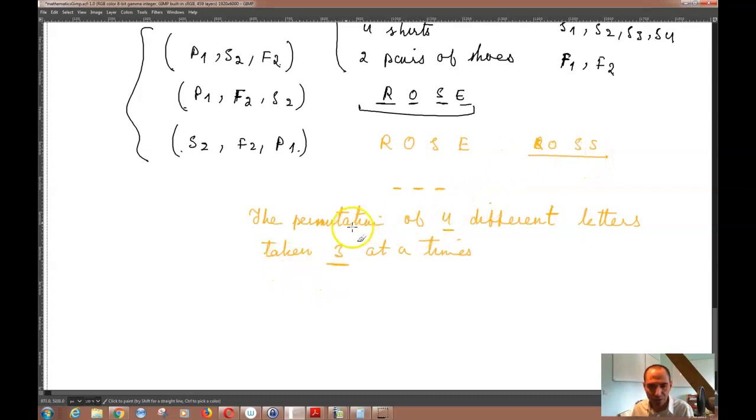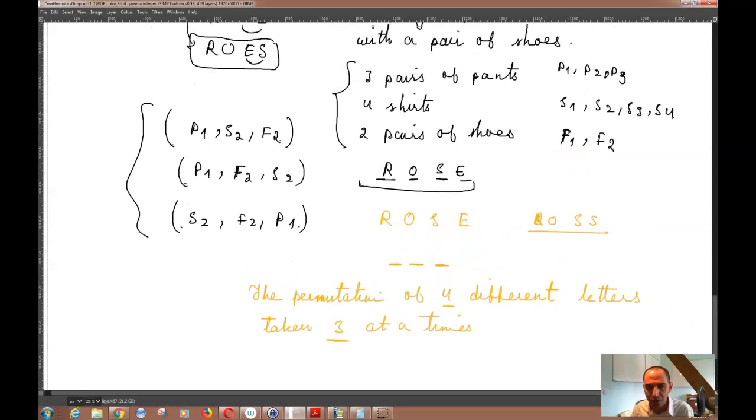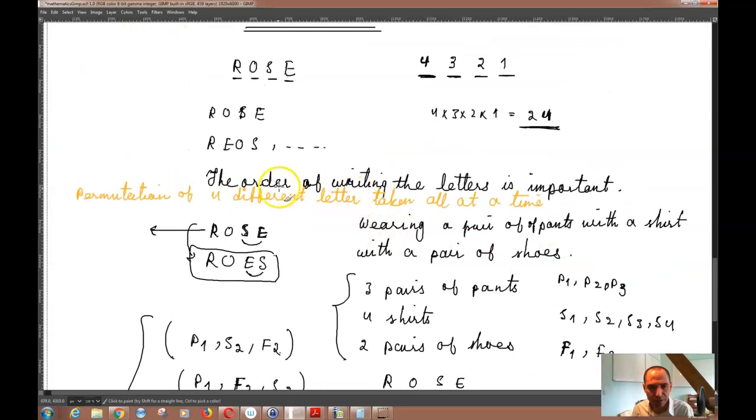I'm calling it taken 3 at a time, because you are taking 3 of them at a time to build basically 3-letter words, right? And so basically you need to understand the situation here, and then based on the situation, I'm giving this situation a simple name, like permutation.